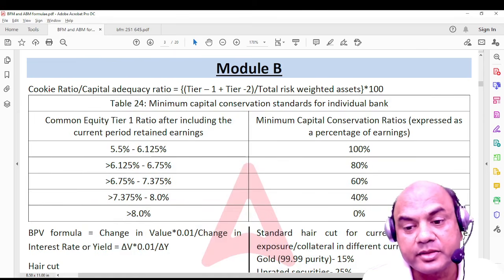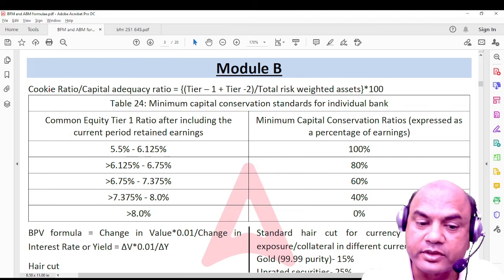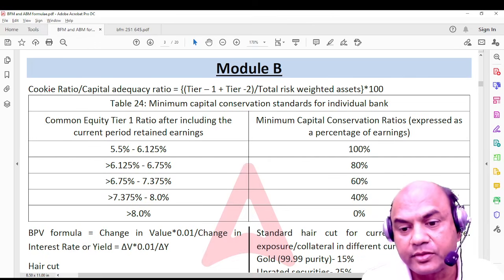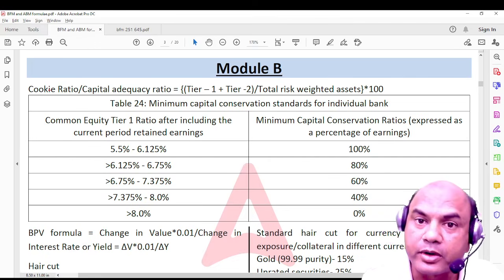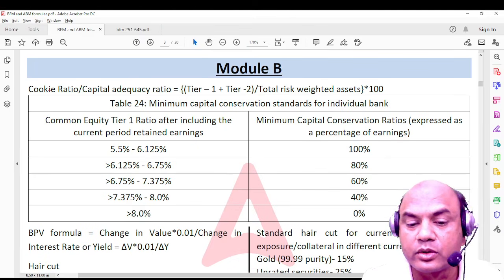So everywhere it is multiplied by 2.5. 7.375% to 8%, you'll have to maintain 40% of 2.5. This is all CCB. And if your CET1 is greater than 8%, then no need to maintain any CCB.